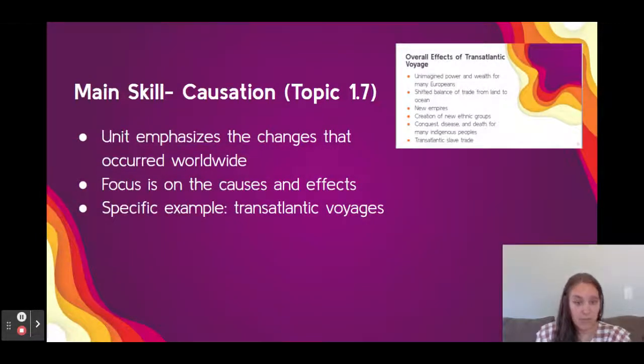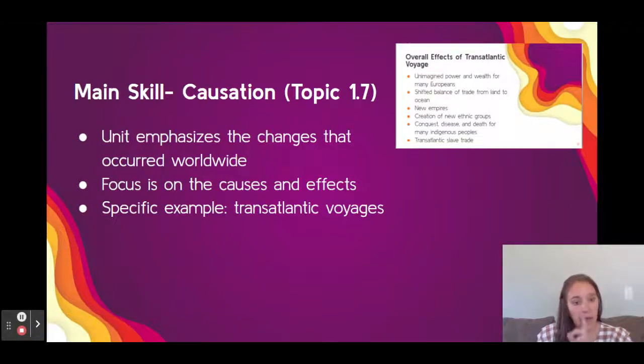So in this unit, the main skill that you're going to be working on is causation. This unit really emphasizes the changes that are occurring worldwide. So the focus is on those causes and effects, and the specific example that the curriculum gives you is transatlantic voyages. Now, because this unit is unlikely to show up in a written essay, I did create a short answer question for you because it could be similar to what would happen in question 3.